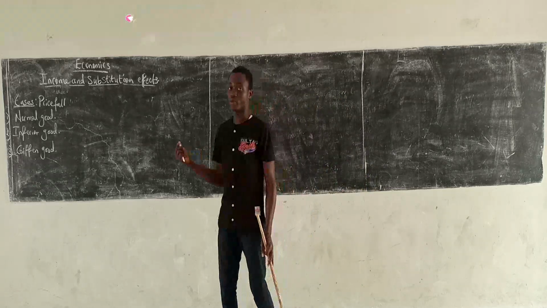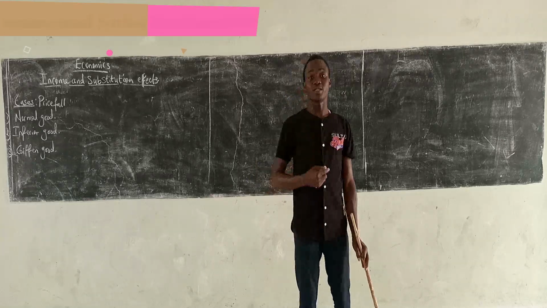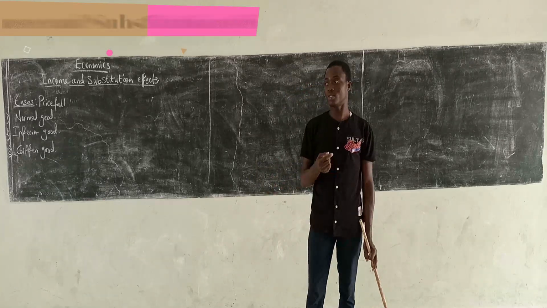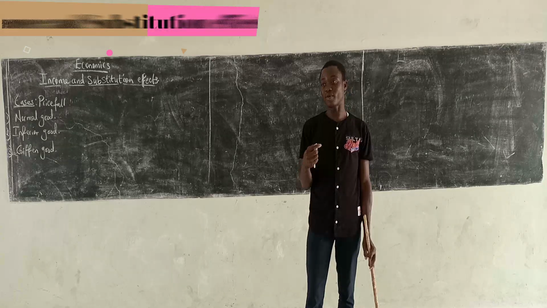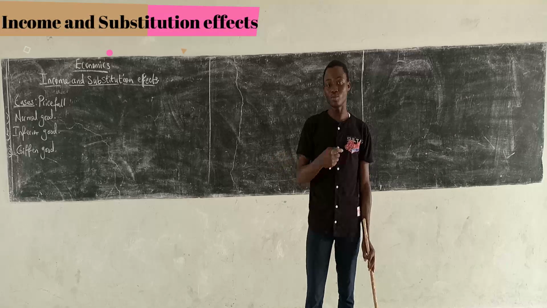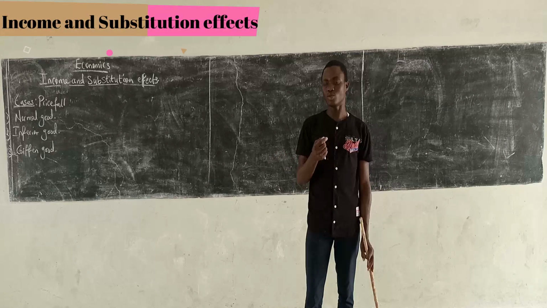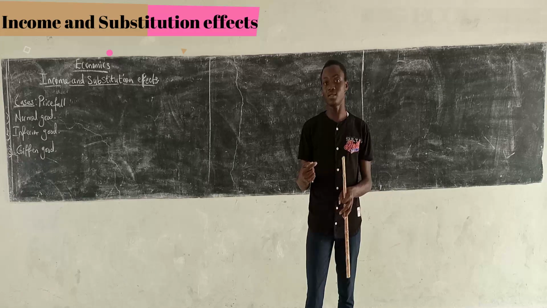How about a Giffen good? A Giffen good is a good that you buy more of when the price is higher. Not that it's a luxury though. No, a Giffen good is not a luxury. It's coming from a poverty mentality. The commodity is like a necessity to you.